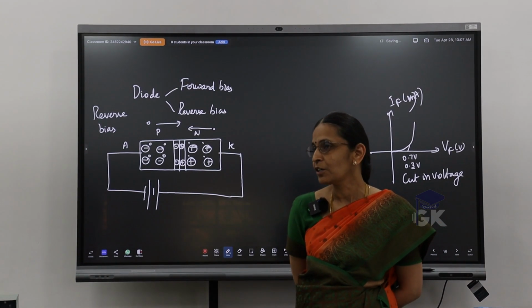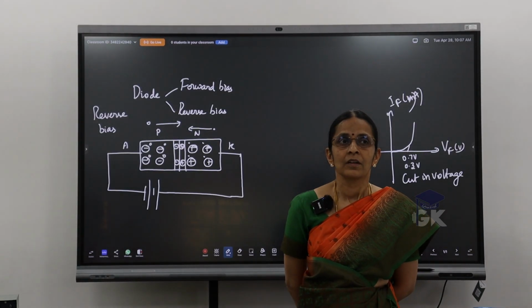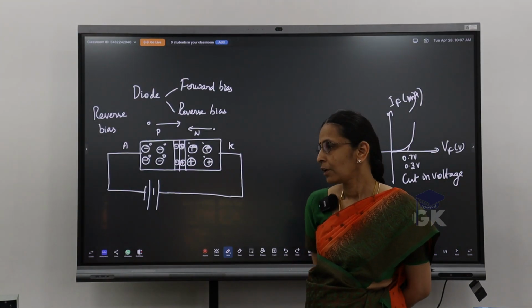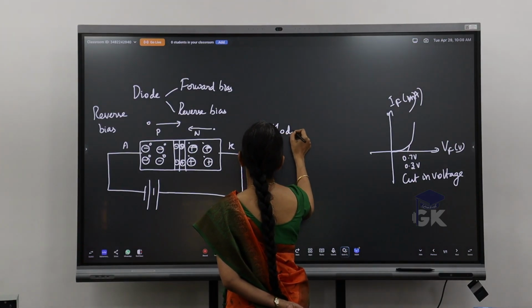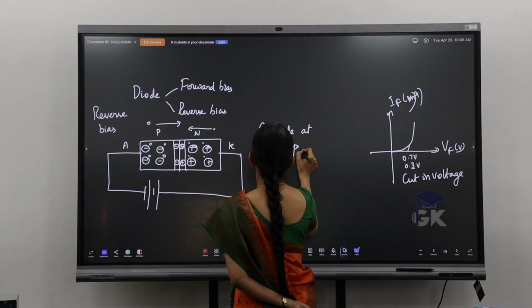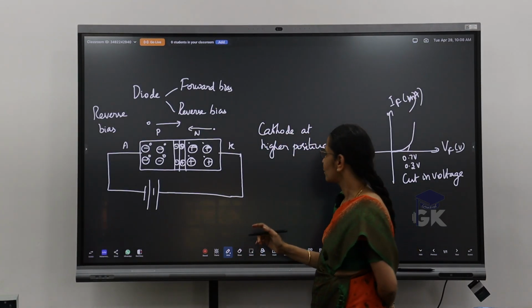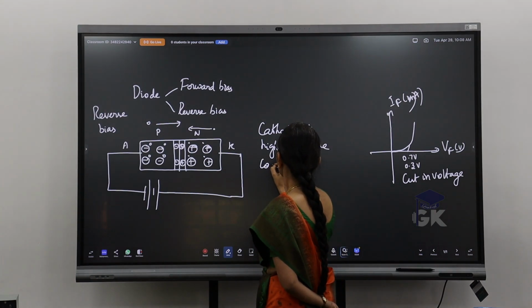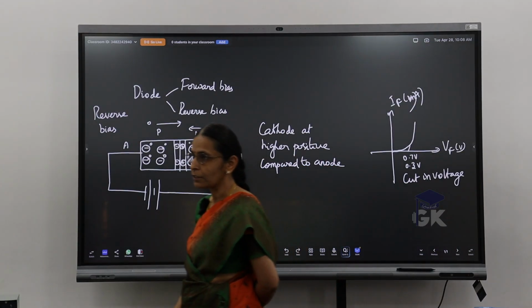Same way for the reverse bias: cathode at higher positive potential, or in turn you say anode is at a higher negative potential. So this is going to be your reverse bias.